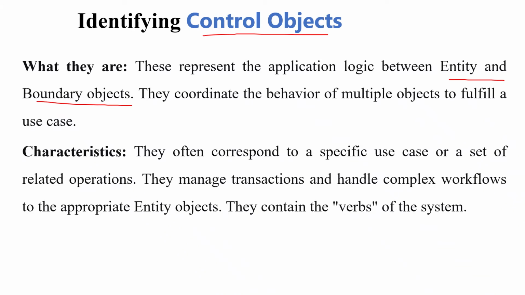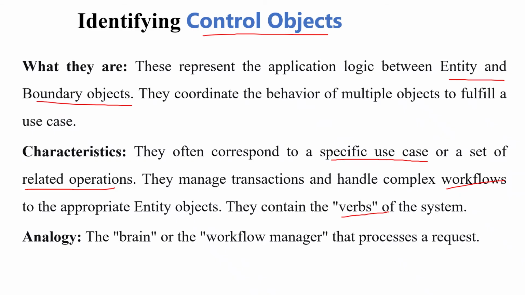Based on the characteristics, we need to identify the control object. There should be a specific use case or a set of related operations to manage the transactions. Those transactions will be handled with workflows. That is nothing but acting as the verb of the system.